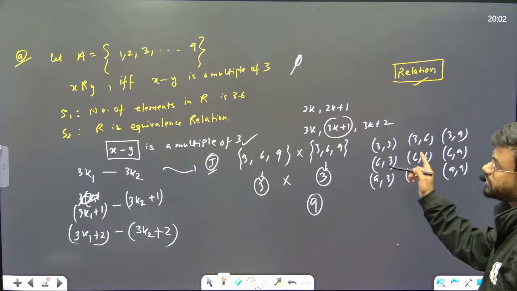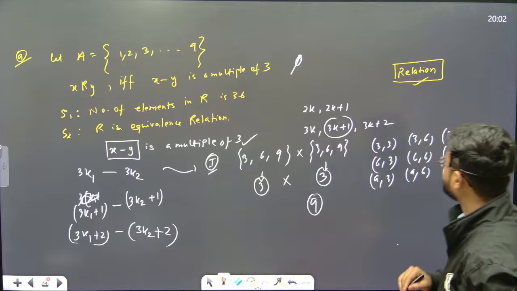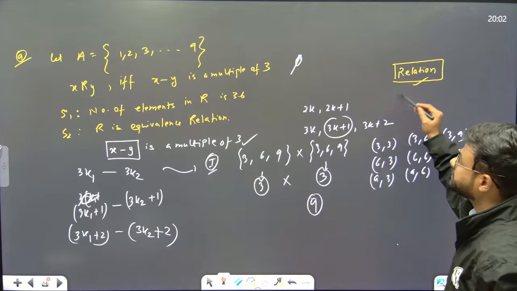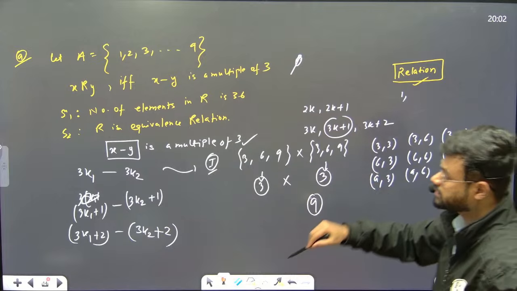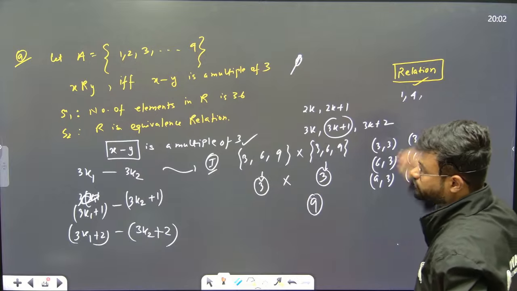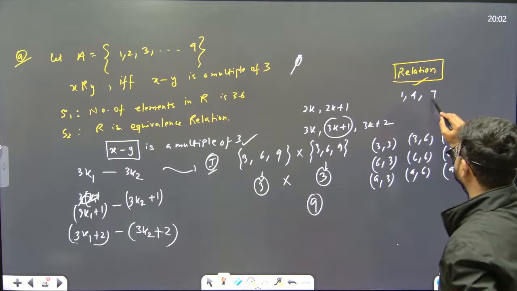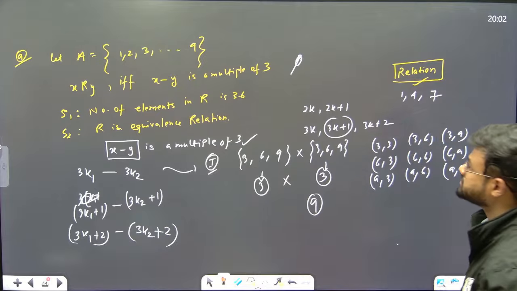And if you carefully observe, for 3k plus 1 type, what are the numbers? If you put k equal to 0, you will get 1. If you put k1 equal to 1, you will get 4. And if you put k1 equal to 2, again you will get 7. I cannot go beyond this number because it is restricted till 9.